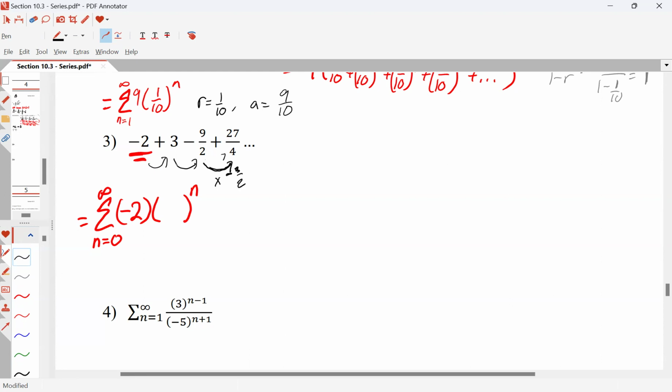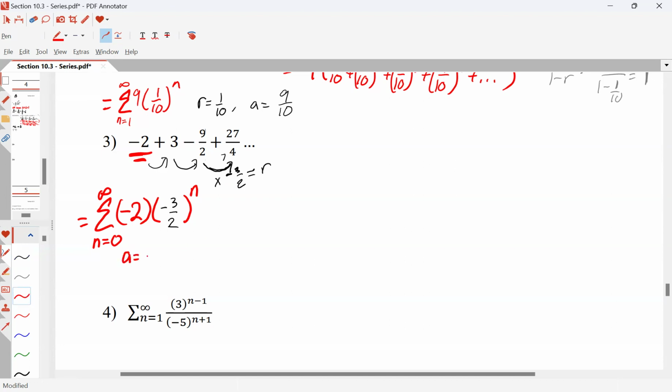Does that work for these others? To go from 3 to -9/2, that is multiplying by -3/2. To go from -2 to a positive 3, yes. -2 times -3/2 is positive 3. So our R is -3/2.